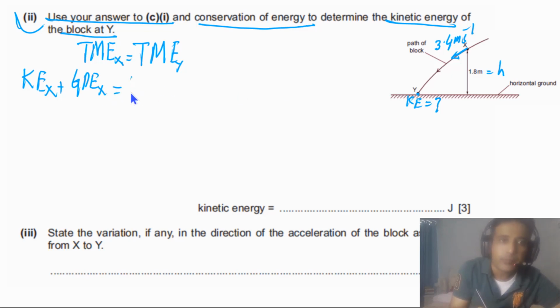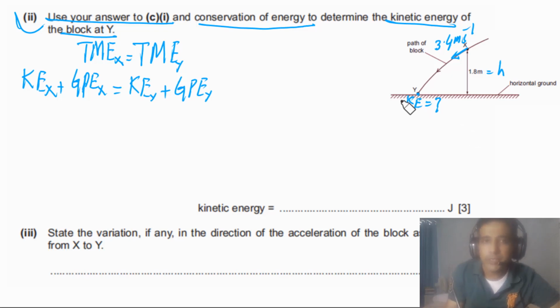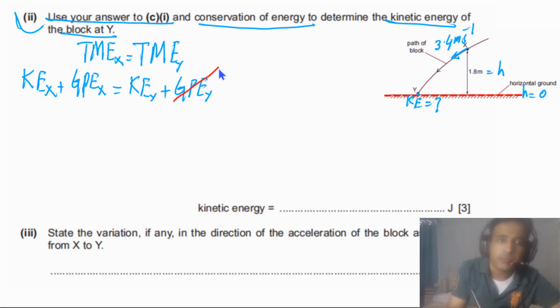And same for point Y, we can write down kinetic energy at point Y plus GPE at point Y. But for this question we have already discussed, we have taken ground level as our reference level, mean at this point we have taken height is equal to 0. As height is equal to 0, it simply means that GPE at Y is equal to 0.